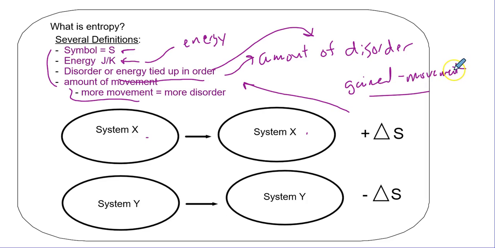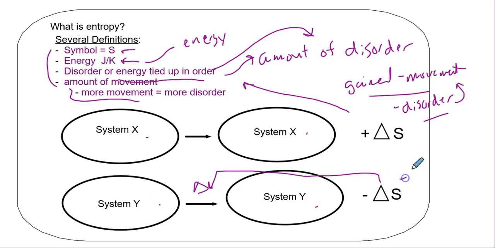That might be one of the most common things that you might think of. Or you could say that it gained disorder. And we'll learn a little more about that as we go. Disorder is kind of like movement. To lose entropy, that means from start to finish, the change, that change right here, this subtraction between the two, is negative.